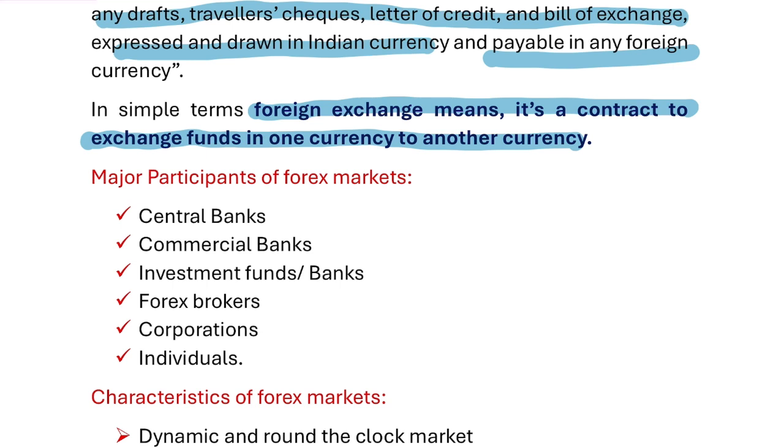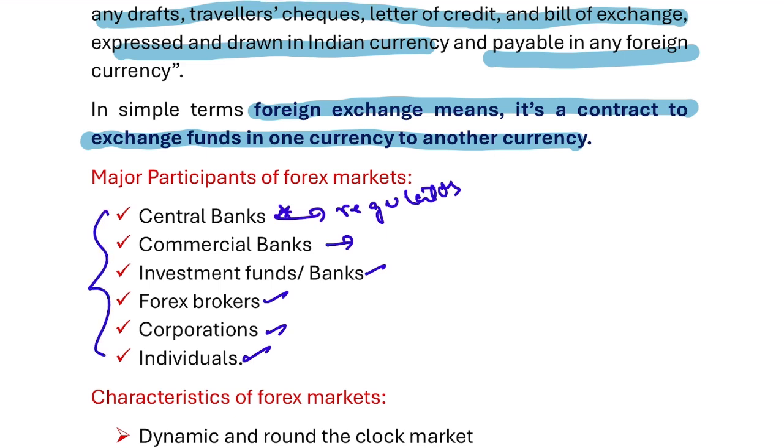The first and foremost are central banks, because they are the regulator for foreign exchange, and commercial banks, because they are the key role players in the foreign exchange markets, as many operations are done by the commercial banks only. And investment funds, large corporations, forex brokers, and lastly individuals. These are the major players in the foreign exchange market, right?